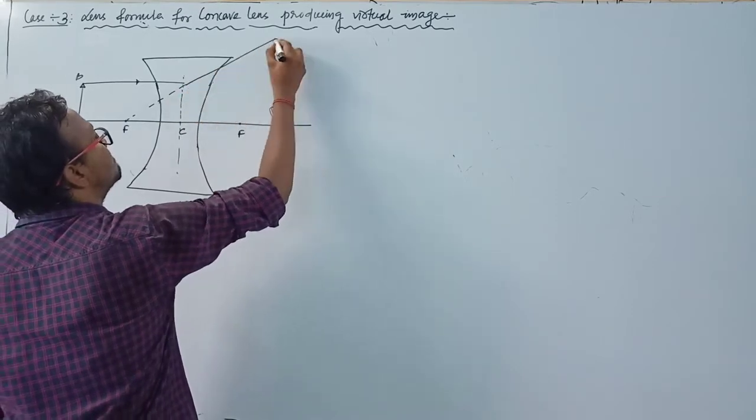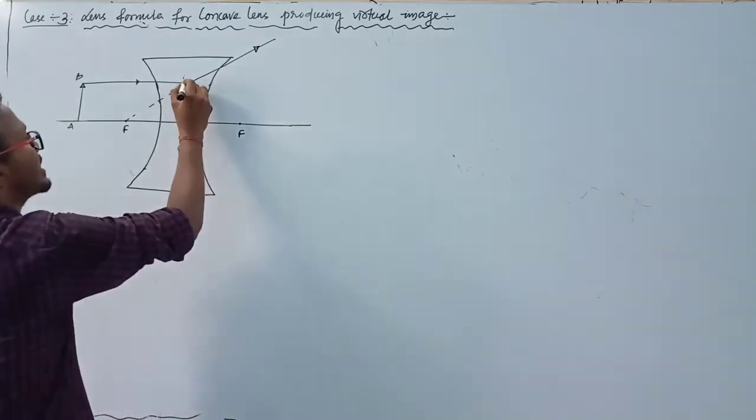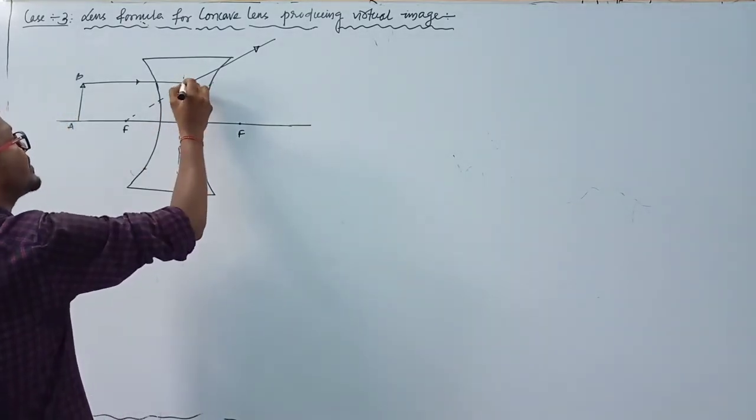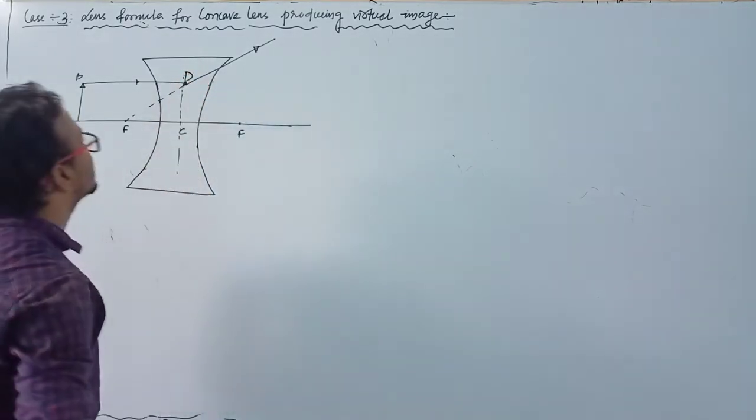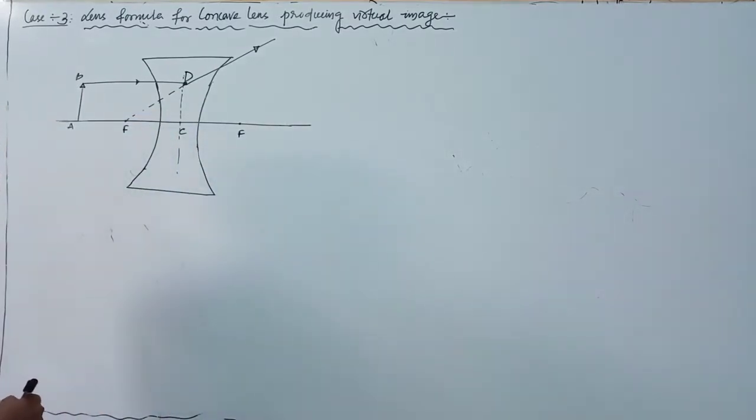Clear? This is the refracted ray traveling in this direction after refraction through the lens, and it appears to meet at the focus point.